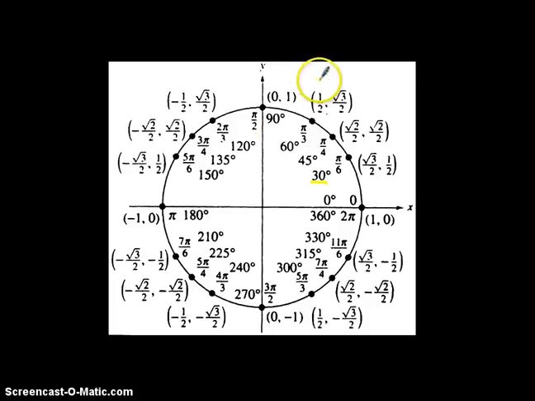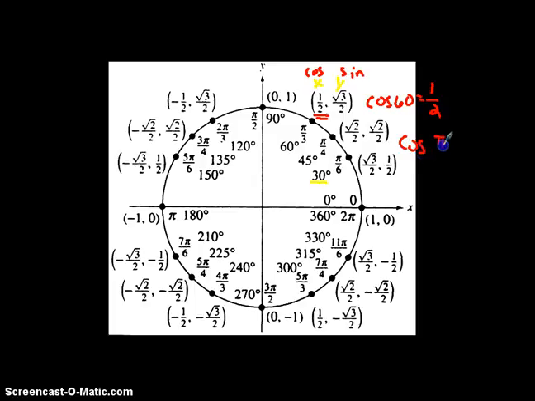And remember earlier what we said: x and y are those coordinates, and x represents cosine, and y represents sine. So if I want to find, for example, cosine of 60, I know cosine of 60 is equal to this, because cosine at 60 is 1/2. Or you look at cosine of pi over 3.